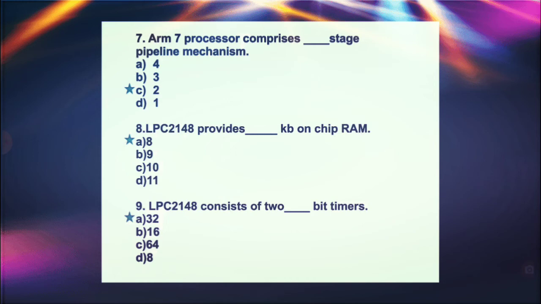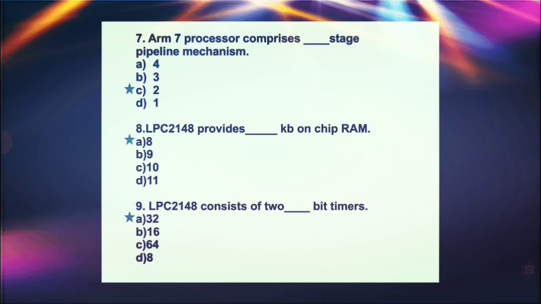ARM 7 processor comprises a dash-stage pipeline mechanism. Options are 4, 3, 2, 1. The correct answer is B, 3-stage pipeline. LPC 2148 provides dash KB of on-chip RAM.